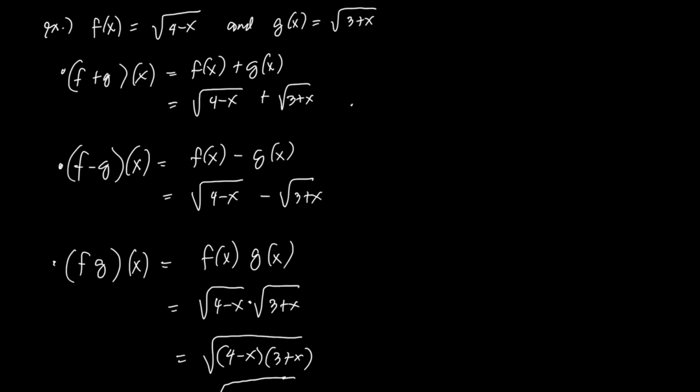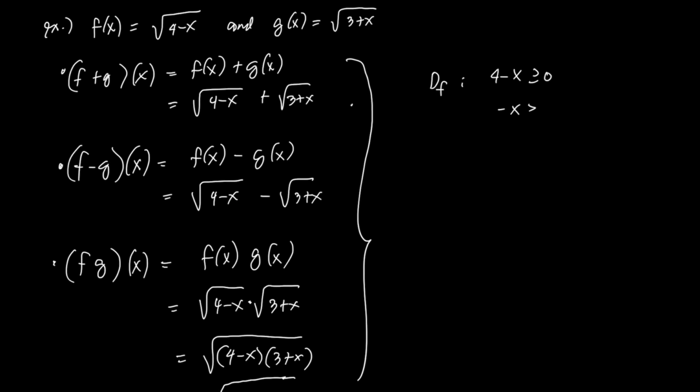Now, let's find the domain. Again, the domain is the intersection. So the domain of f is computed if 4 minus x is greater than or equal to 0, so that the square root of 0 or a positive number is a real number, but the square root of a negative one is imaginary.